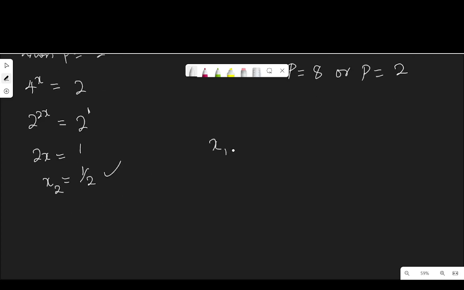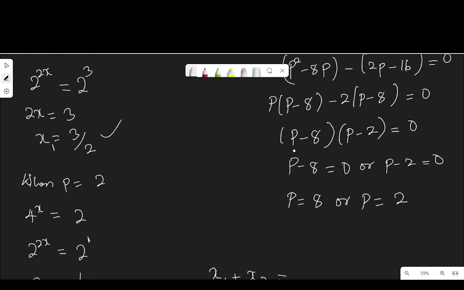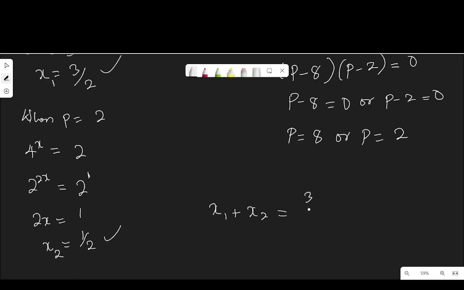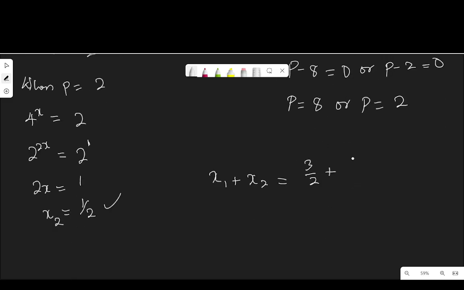So x1 plus x2 is equal to, x1 is 3 over 2, and x2 is 1 over 2. Of course, when adding two fractions, if the denominators are the same, we add the numerators: 3 plus 1 over 2, which is 4 over 2, and that is 2. So the sum of the roots is 2.